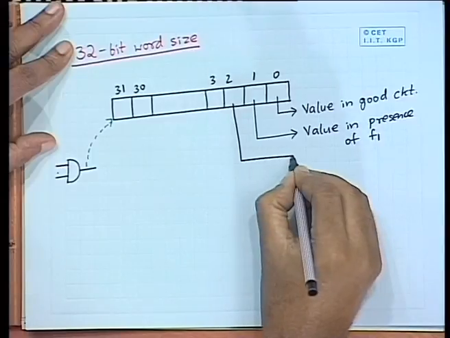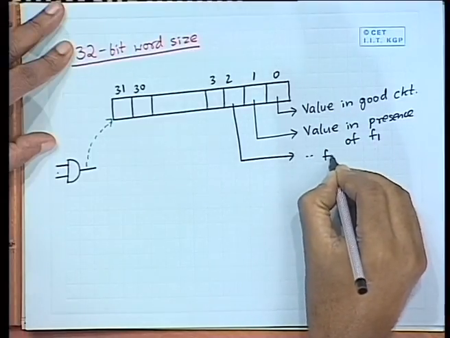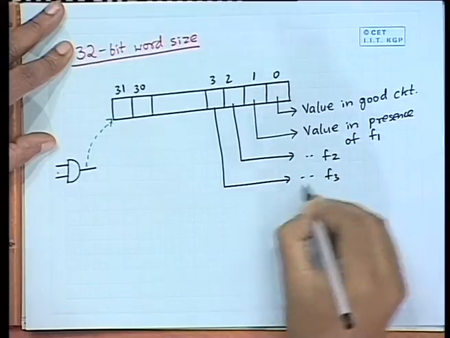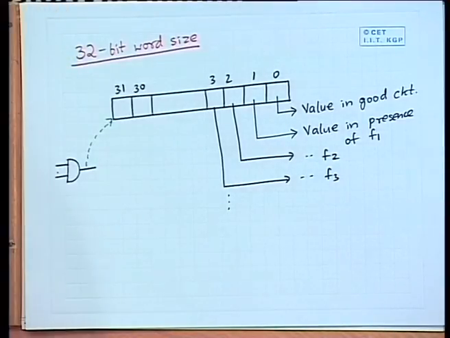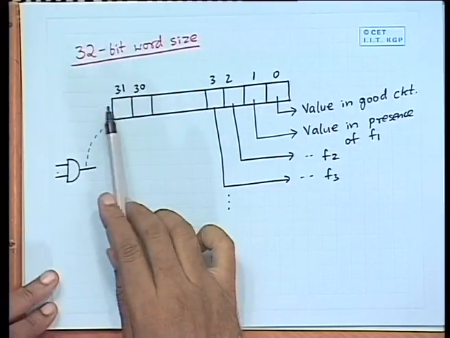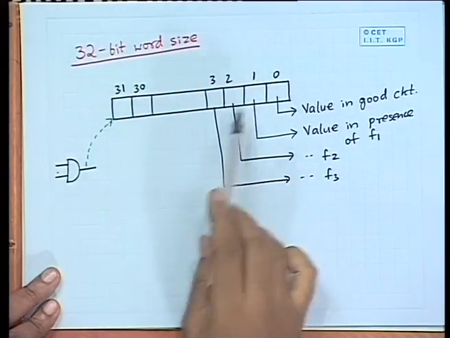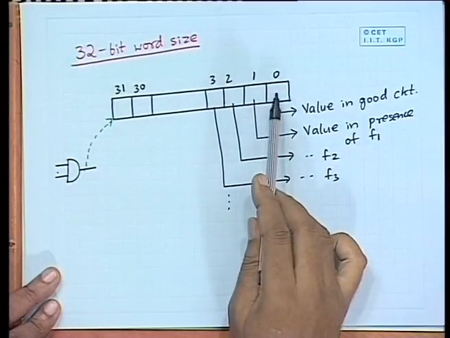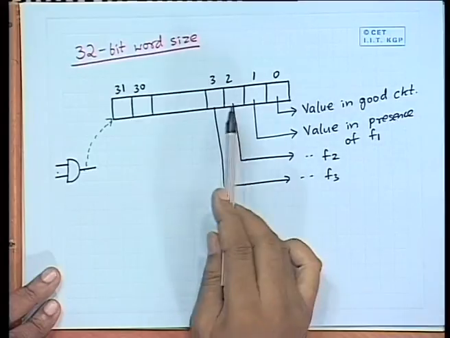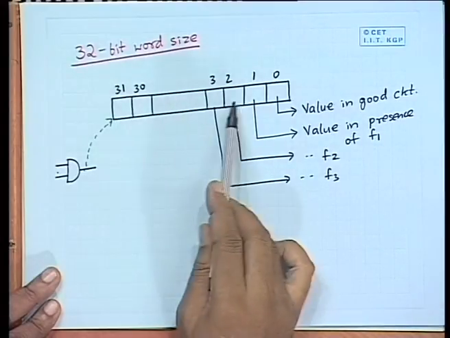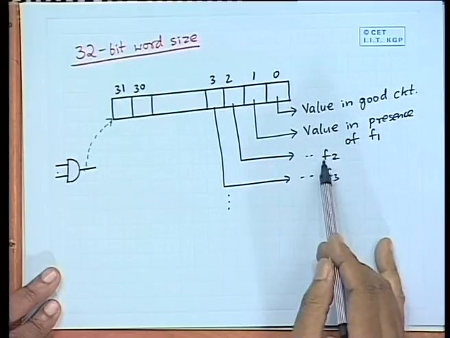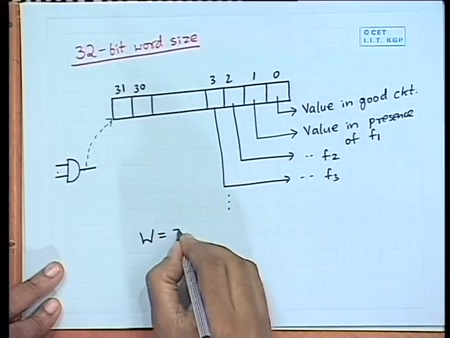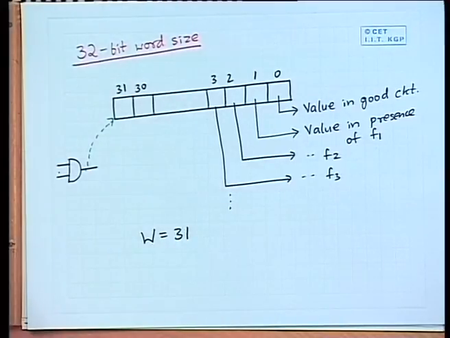Bit number 2 the value in presence of fault F2, bit 3 the value in presence of F3 and so on. So, what I say is that I am storing 32 values for the gate output at the same time, one of them will represent the good value and the other 31 will represent values in presence of 31 different faults, which means I am simulating 31 different faults at the same time.